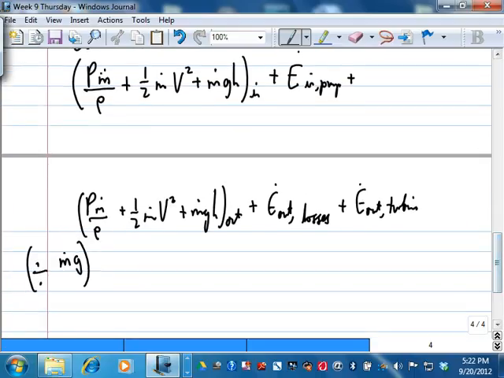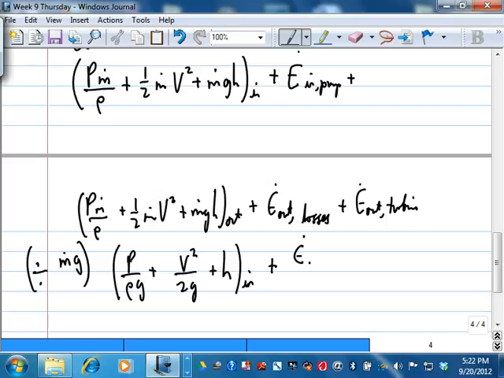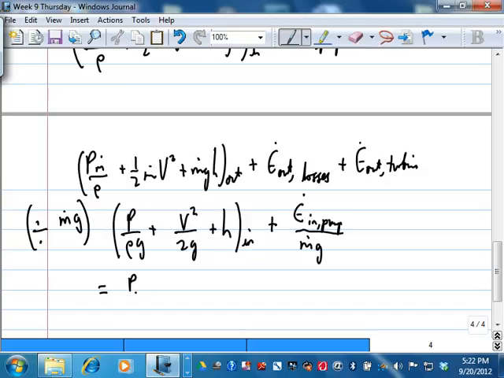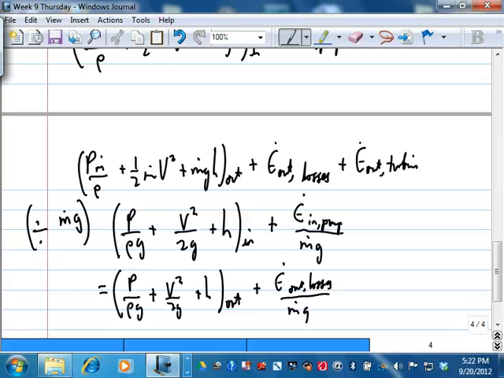So what I have here, m dot g. I get p over rho g plus v squared over 2g plus h in, plus E dot in, pump, over m dot g, is equal to p over rho g plus v squared over 2g plus h out, plus E dot turbine.